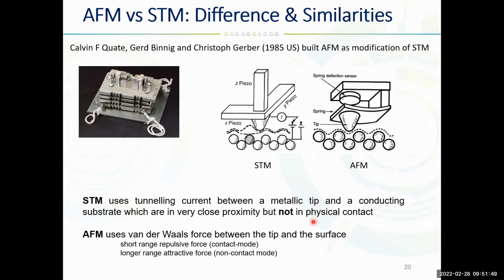There is no physical contact between the probe tip and the sample. But AFM uses van der Waals force between the tip and surface, and it actually touches the surface of the sample.